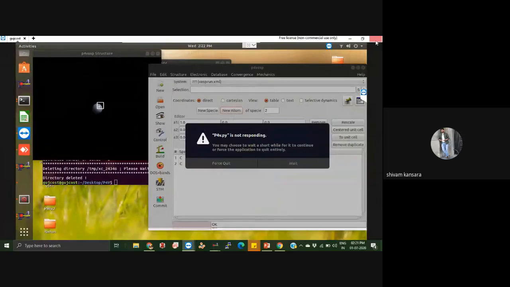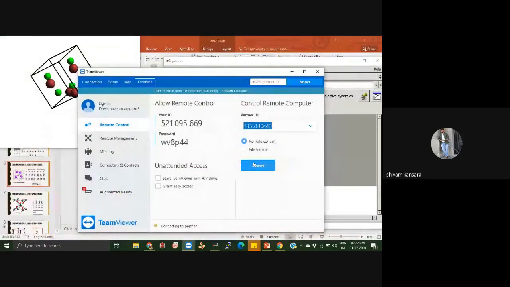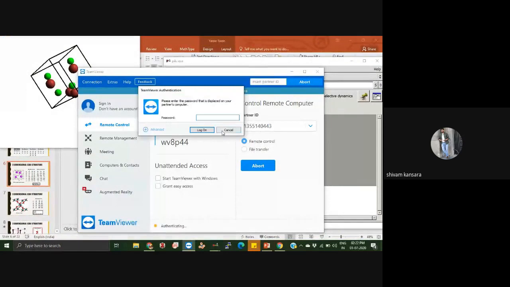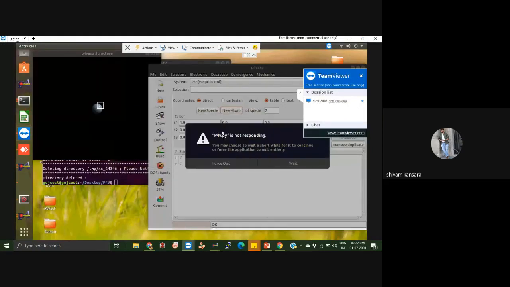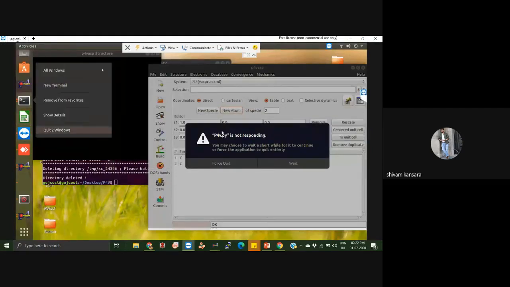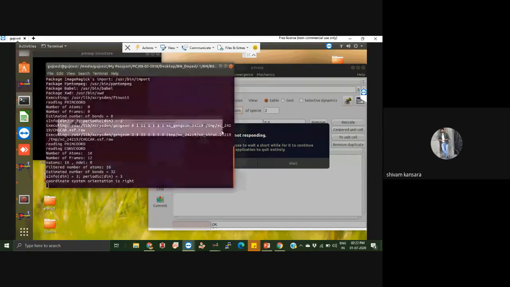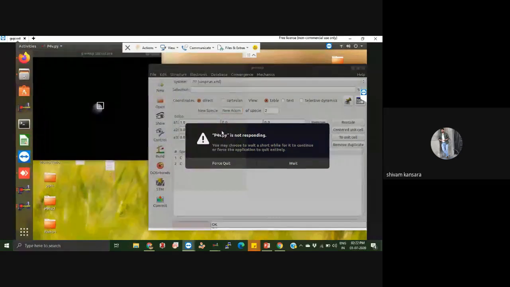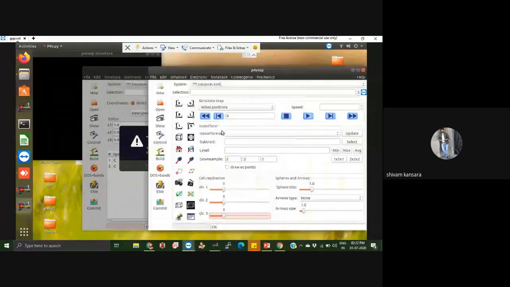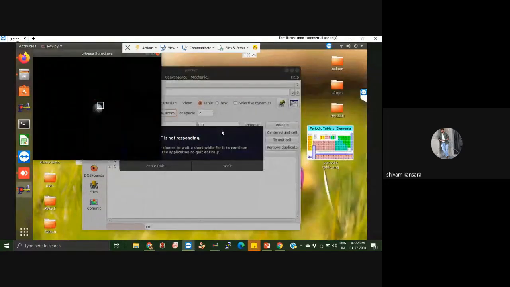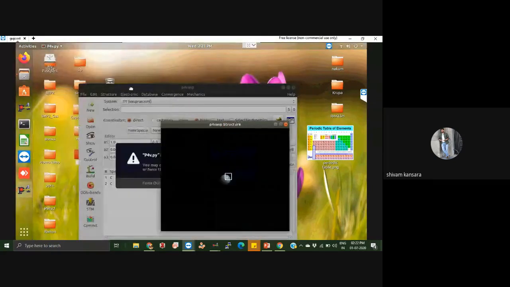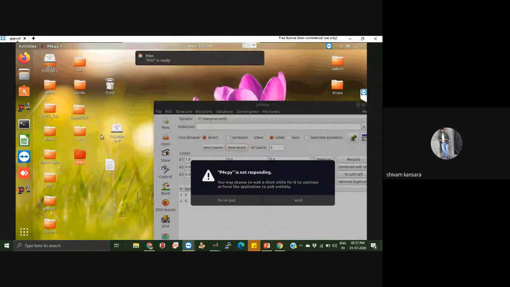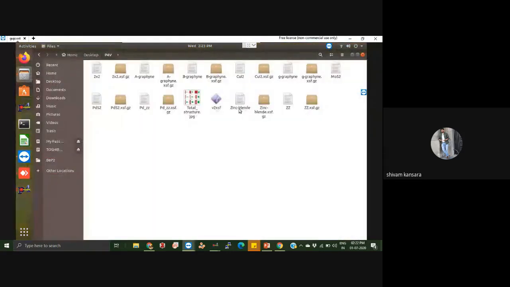Okay, so let's minimize all of these and go for the P4VASP, the zinc blende structure.